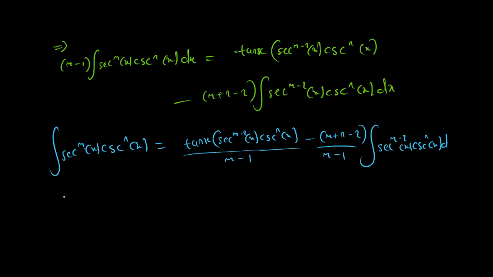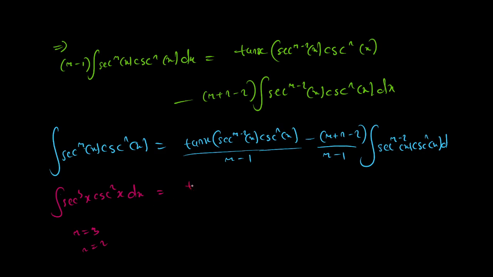Let's say, for example, now that we're dealing with the integral of secant cubed x cosecant squared x dx. So in this case, m is 3 and n is 2. So m minus 1 is 2.